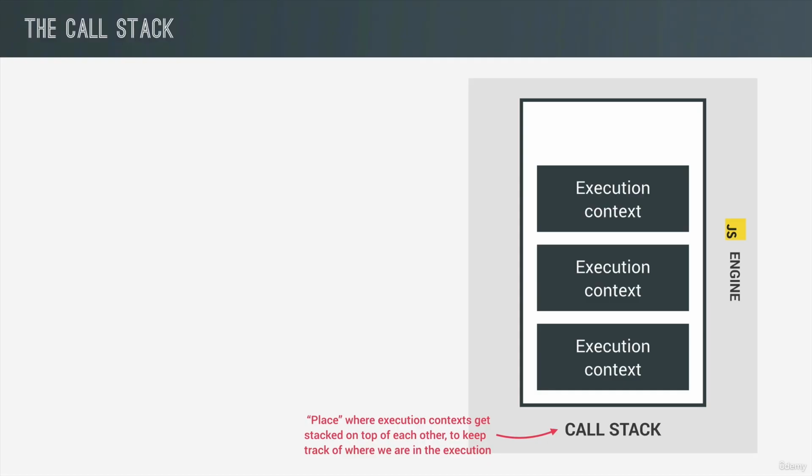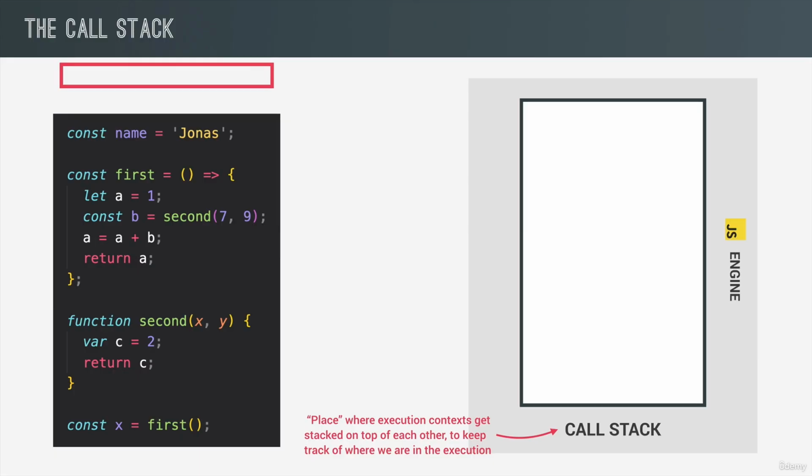And using the analogy from before, it is as if you bought pizzas with some friends. Each friend has a pizza box, and then you put the boxes on top of each other, forming a stack, in order to keep track which pizza belongs to each friend. Now, all this sounds a bit abstract, doesn't it? And so to demonstrate how the call stack works, let's walk through this code example together so that I can show you exactly what happens.